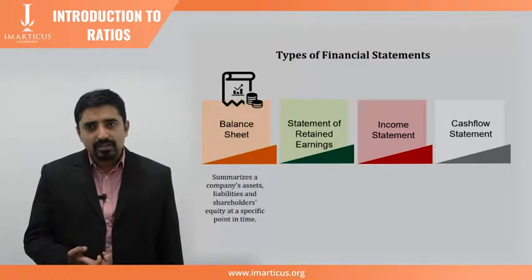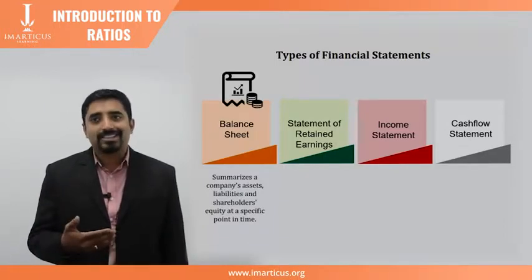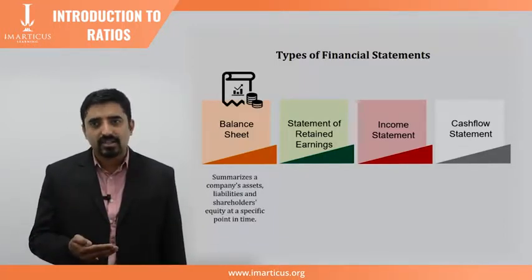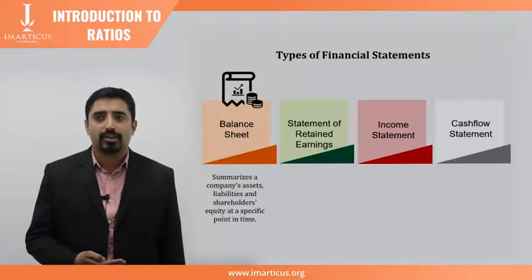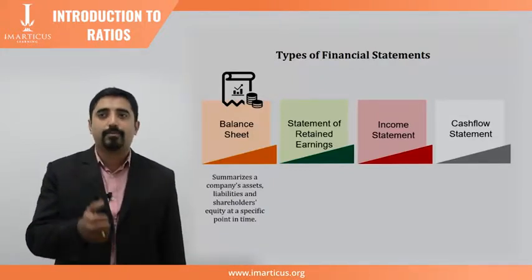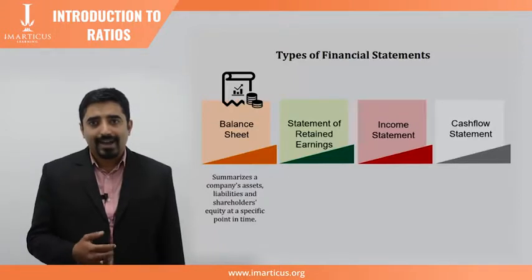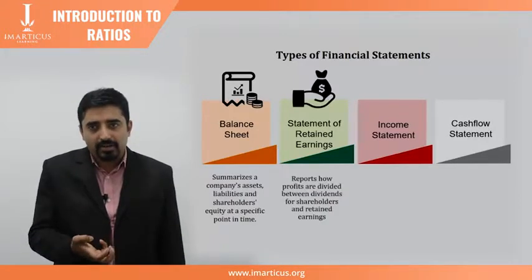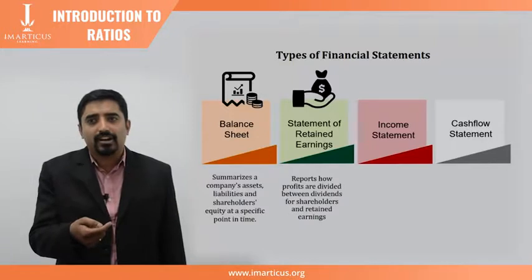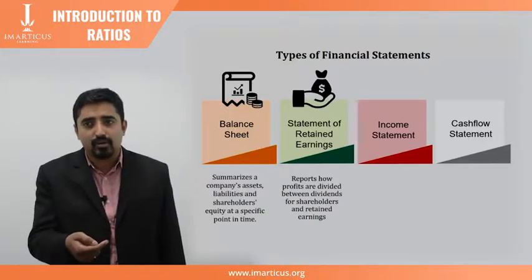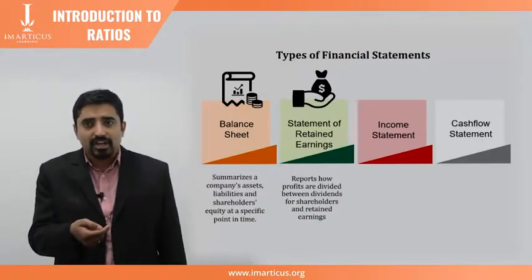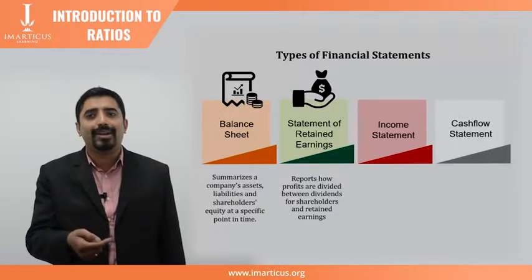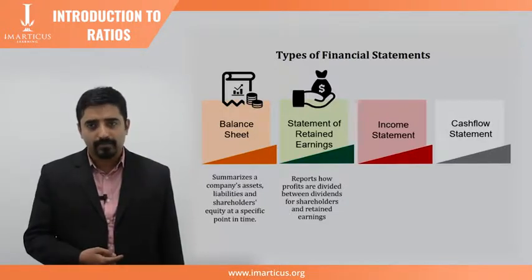A balance sheet is a financial statement that summarizes a company's assets, liabilities, and shareholders' equity at a specific point in time. Whereas the statement of retained earnings reports how profits are divided between dividends for shareholders and retained earnings, which are kept on the balance sheet to accumulate under owner's equity.